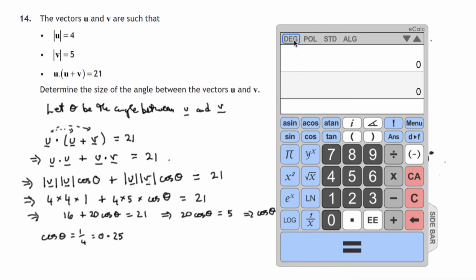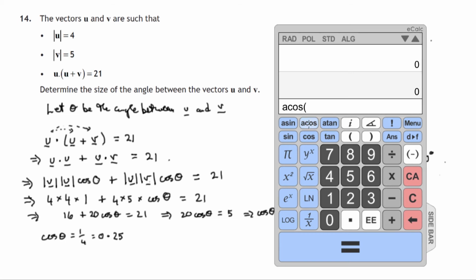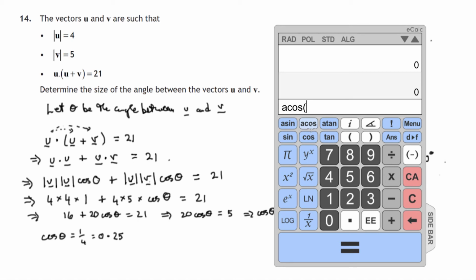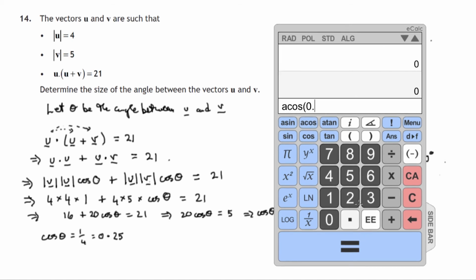Now, either it's radians or degrees. Let's first of all find it in terms of radians. Now, in your calculator, it's likely to be cos to the minus 1 to find the angle, and on mine it's a cos. So we have to find an angle whose cosine is 0.25.